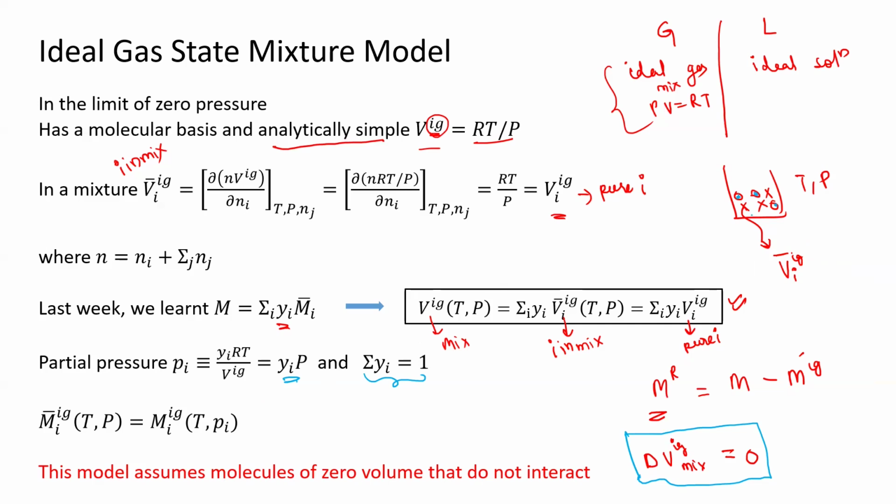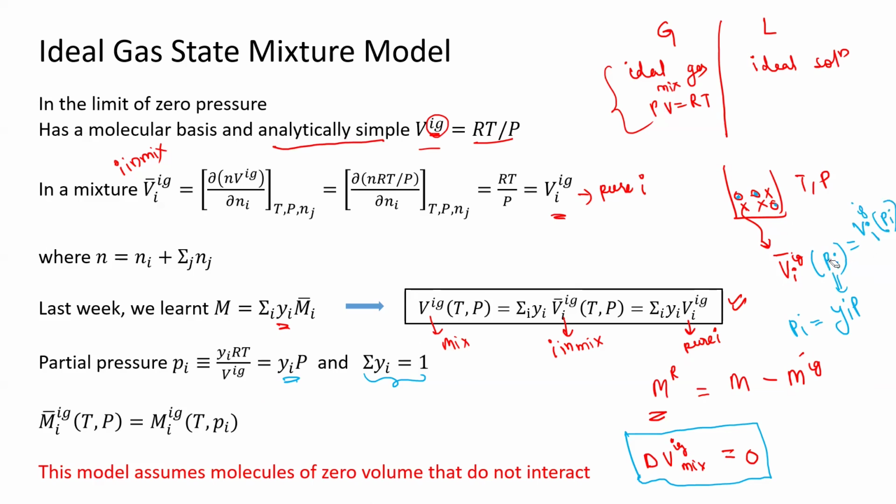So this species has a pressure of Pi, which equals Yi P. So Vi IG bar is equal to Vi IG at Pi.